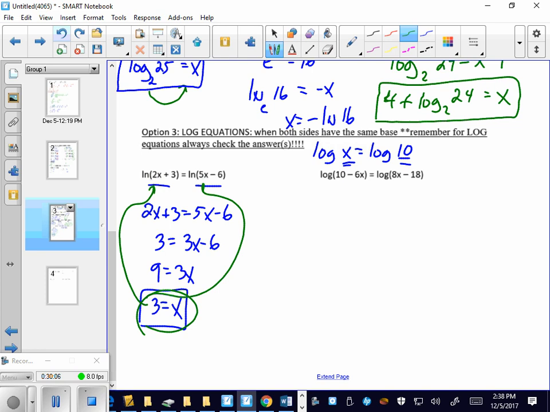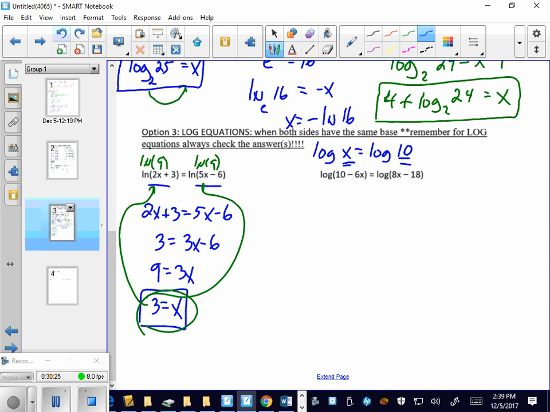So if I plug 3 in, I'm really going to get the natural log, 2 times 3 is 6 plus 3, the natural log of 9. And over here I'm going to get also the natural log of 9, which makes sense. Both of those are positive values, so we're good. 9 is a positive value.